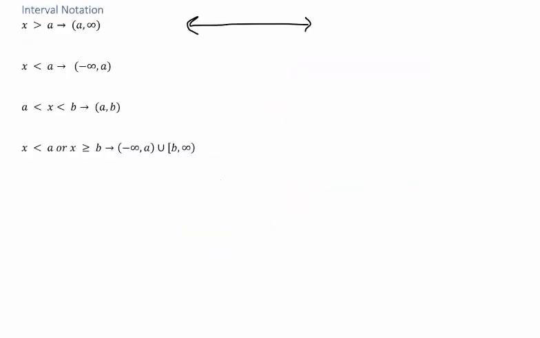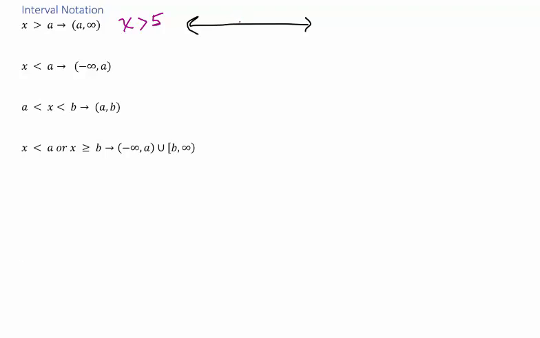Well, we have another way to express solutions when there's an infinite number of answers, such as one like x is greater than a. So if x is greater than 5, for instance, we know that there exists an infinite number of x values that would satisfy this inequality, because numbers that are greater than 5 are not only integers like 6, 7, 8, but they're irrational numbers or rational numbers that are fractions or decimals.